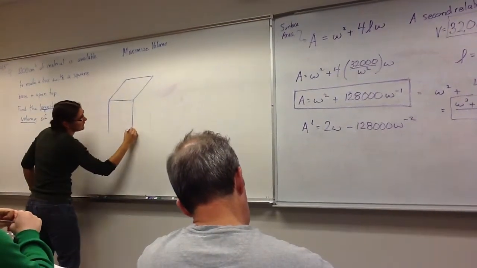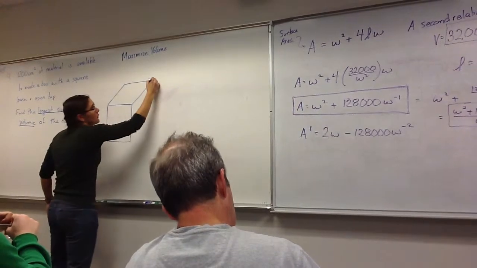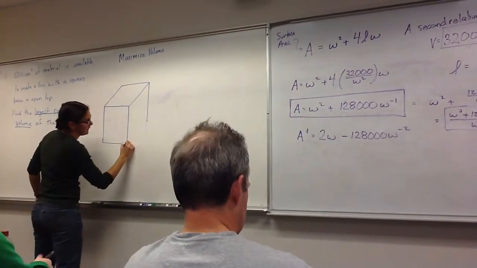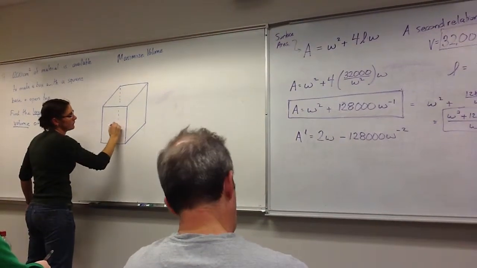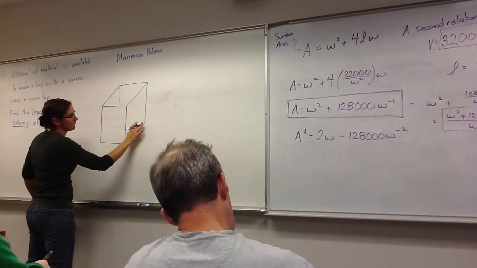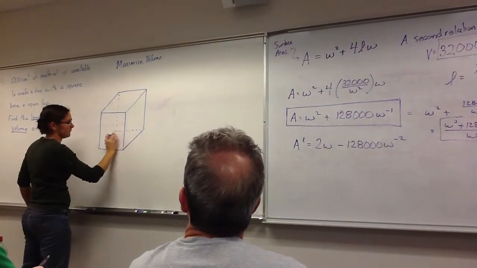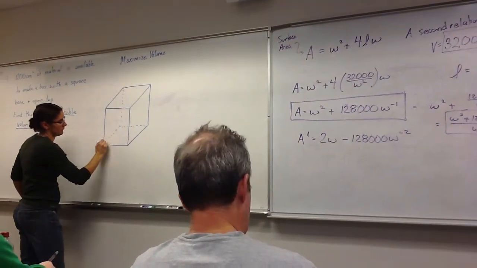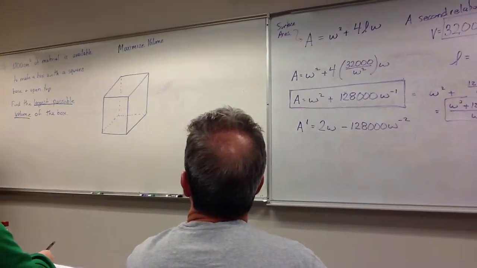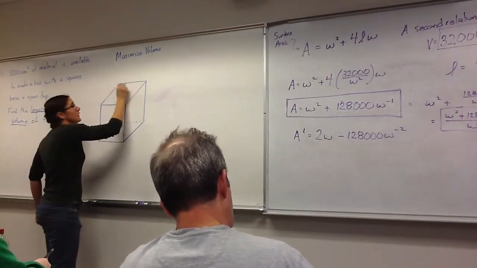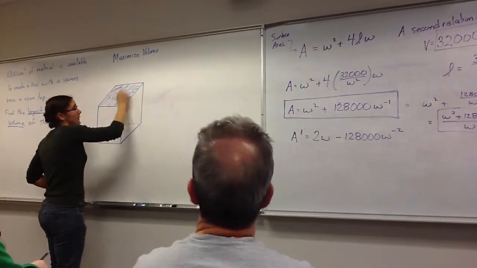The only thing that is important is that the base of my box is a square, and that I have an open top, so I'm not including the top on this box.